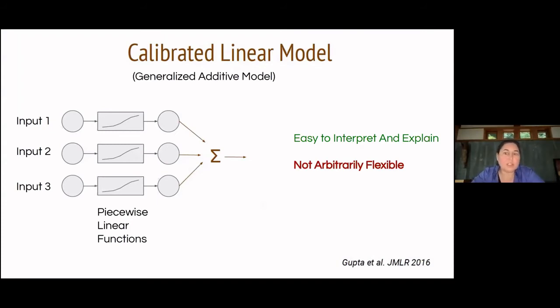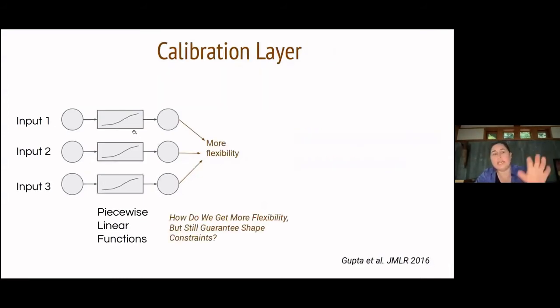And today in machine learning, you have to bring arbitrarily flexible models to the table. It's because there's so much data and people want that accuracy. So instead of doing this, we're going to build on this idea. We're going to keep that first layer of taking each of the inputs and separately transforming them with their own piecewise linear function. But instead of then just taking a linear sum, we're going to put more flexibility in the later layers.